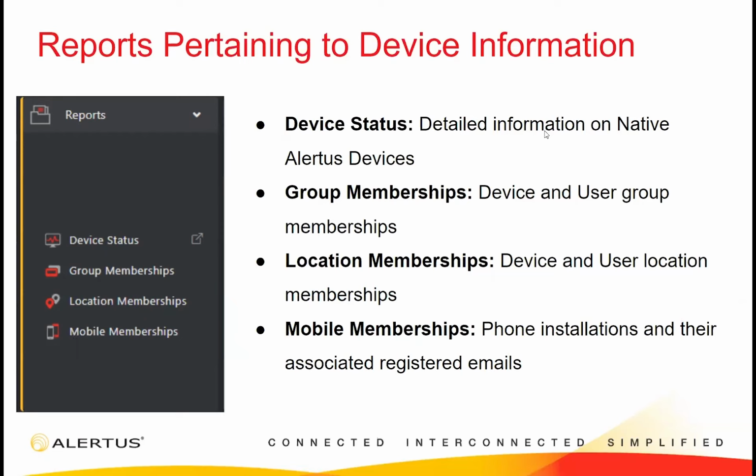Is this device a member of a group? Is this device a member of a location? And mobile memberships is a little bit trickier because it has to do with the mobile recipient app. In that case, rather than devices checking in regularly, someone would have to install the recipient app and register, and we'd get information about their current status on the recipient app. Look at that last.